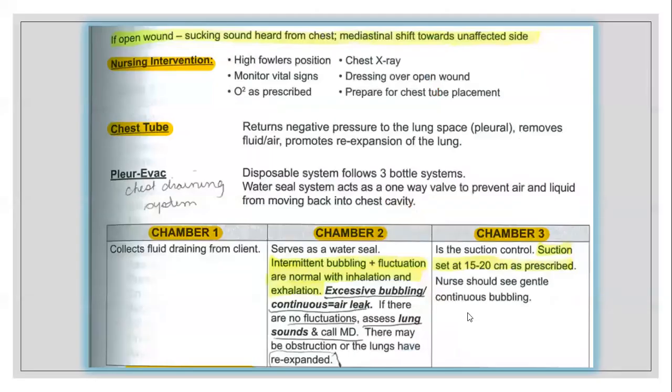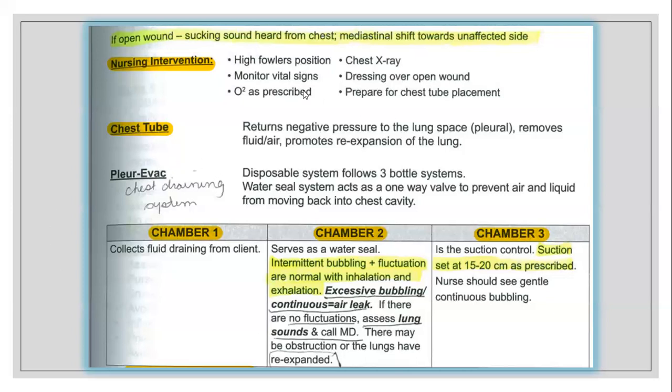Now let me read something for you. So what did we write here? They said, what are the nursing interventions? The patient who has a chest tube always needs to be in a high Fowler position.